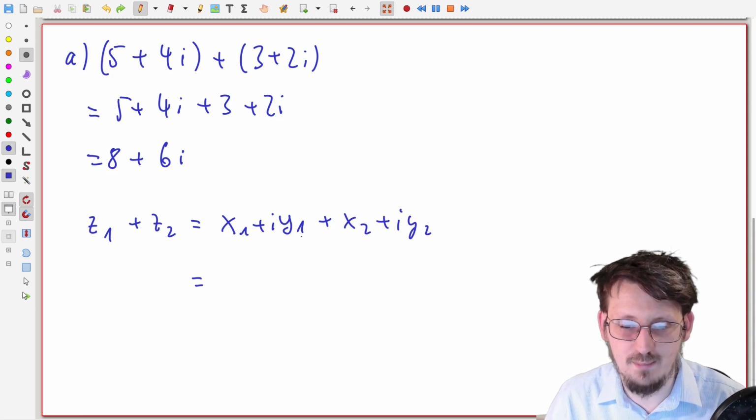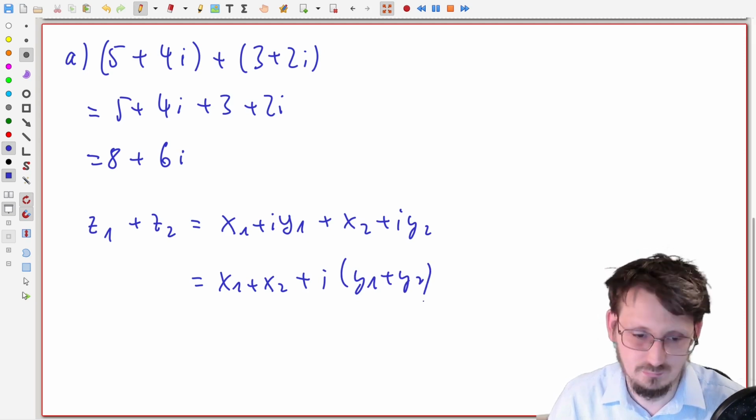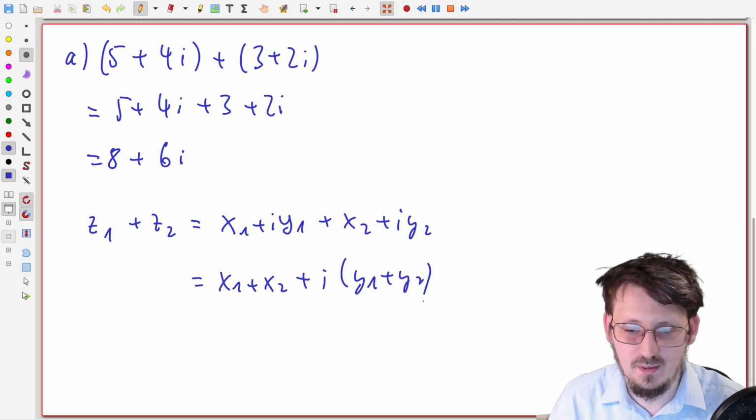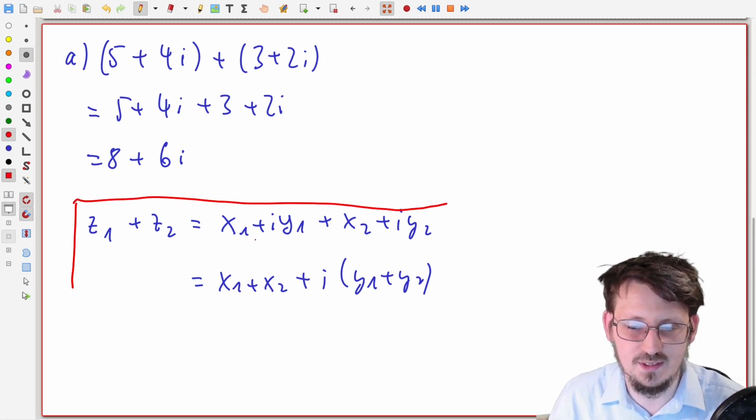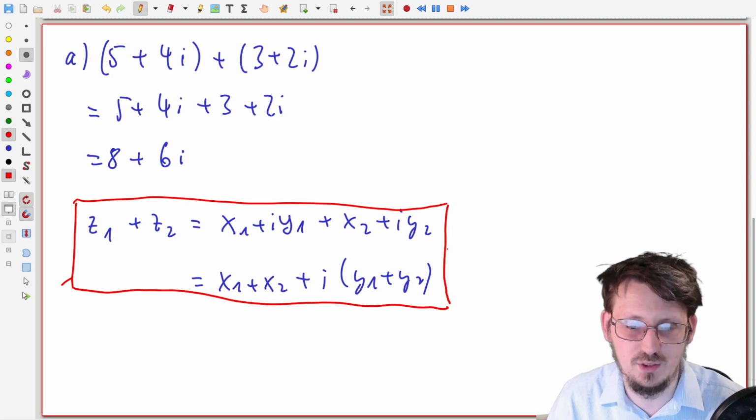So we get here the sum of x1 and x2, which is x1 plus x2. And then we can factorize this i. So we can write i times y1 plus y2. Also very simple. So you have a formula now, which I think you don't need, because just summing up the numbers is usually easier than applying this formula, but now you have it also in a more general form.